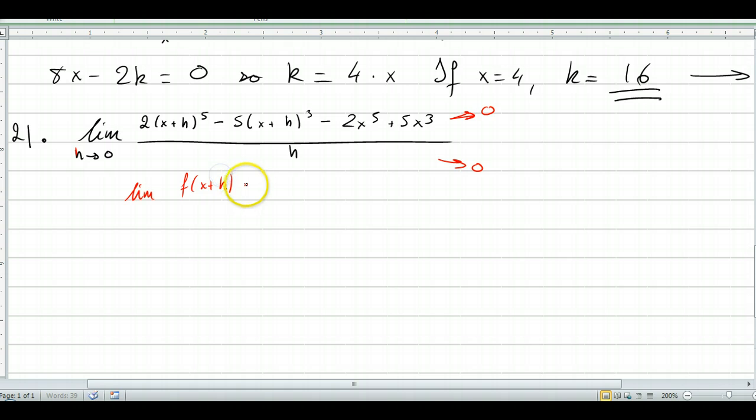Limit of f of x plus h minus f of x over h as h approaches 0. What's that? Well, I would say that's the most important formula of the year. I didn't say theorem. The fundamental theorem of calculus is really huge, okay? But that's the most important formula of the year. This is just what we call the derivative of f, right?